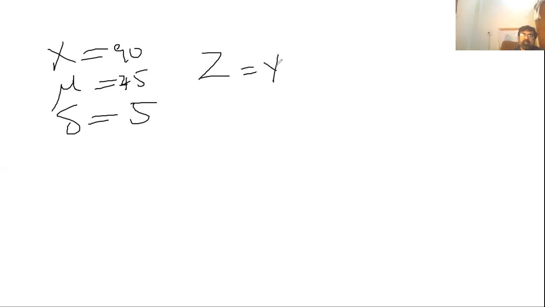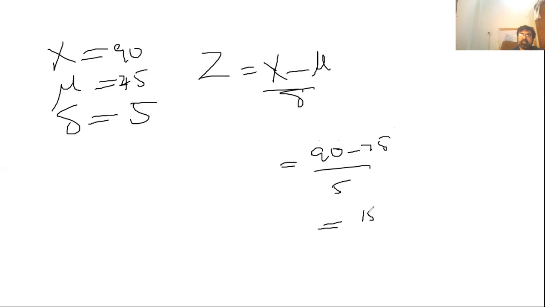So x minus mu over sigma is equal to 90 minus 75 divided by 5, and that becomes 15 divided by 5, which becomes 3. So the z-score is 3.